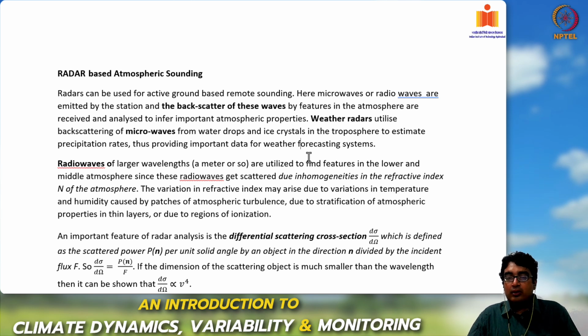These radio waves get scattered due to inhomogeneities in the refractive index N of the atmosphere. So unlike microwaves, which get scattered by particles, raindrops and ice particles, radio waves get scattered due to changes in the refractive index of the atmospheric gases themselves.